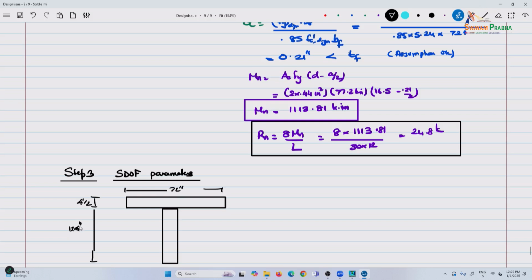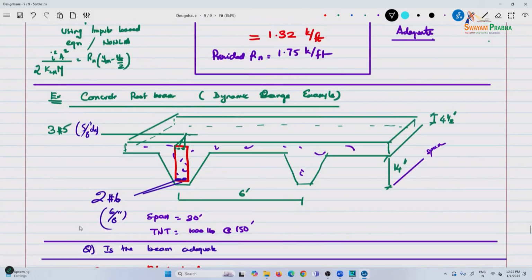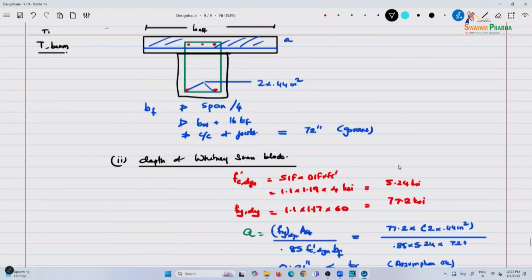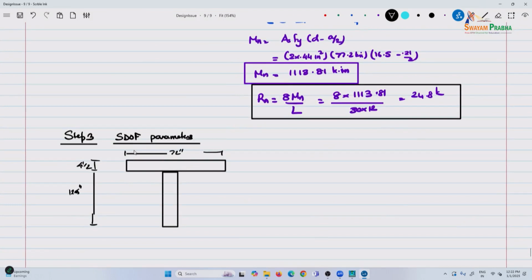I don't know what I've said. Maybe overall is 16.5. Oh, I have it as 14. Let me make sure the numbers are consistent. So overall is 16.5, so this is 12 inches. Yeah, so this is 12 and 4.5.